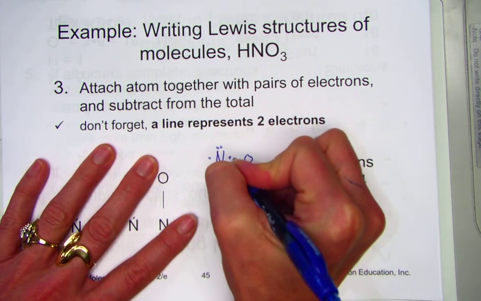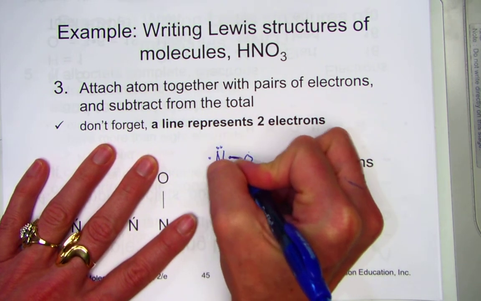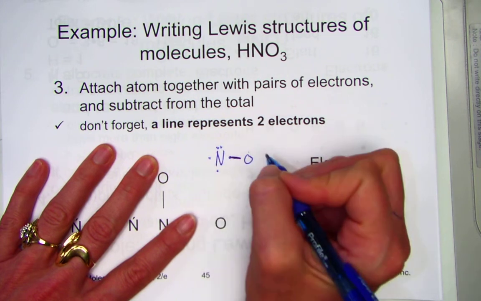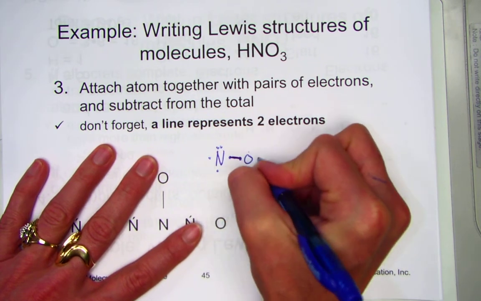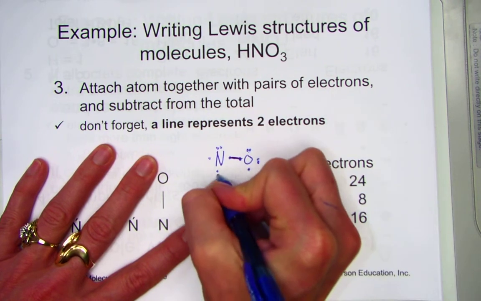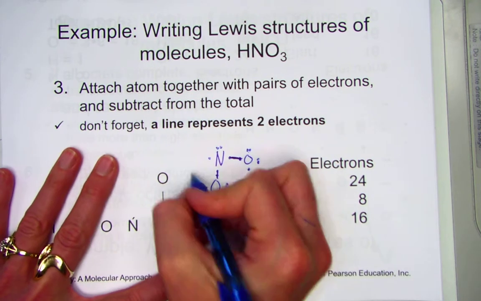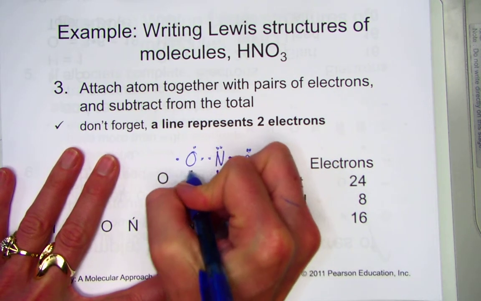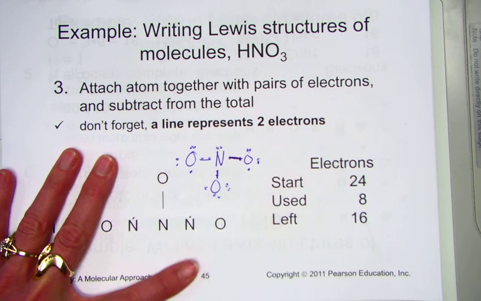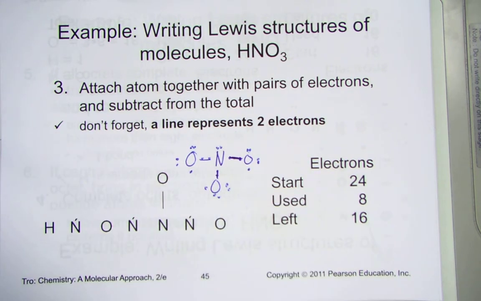Place an oxygen to connect. That represents 1 from oxygen connecting 1 to nitrogen. So 1, 2, 3, 4, 5, 6, draw a line. We want to make sure that we have placed the oxygens around the central atom, leaving hydrogen for last.